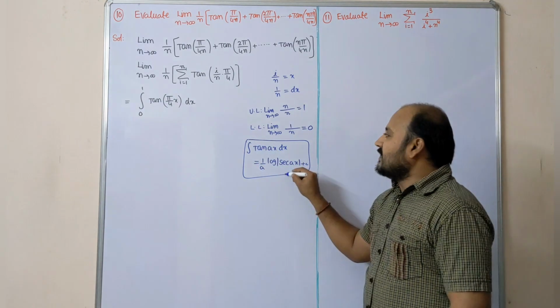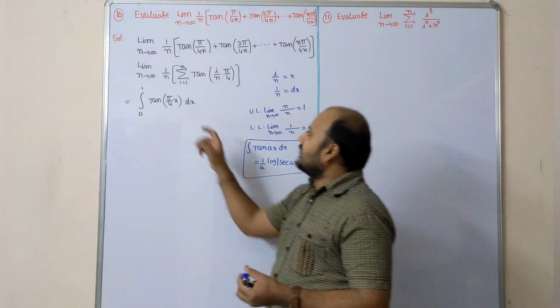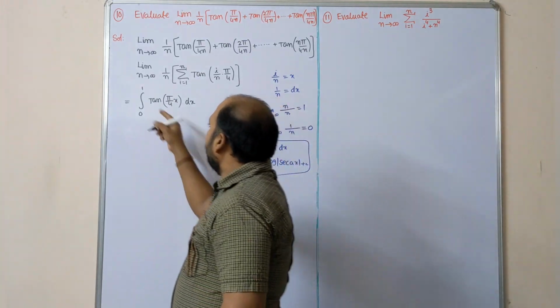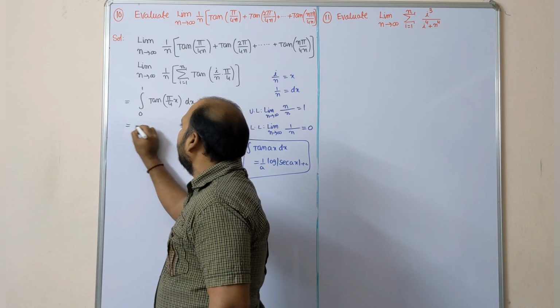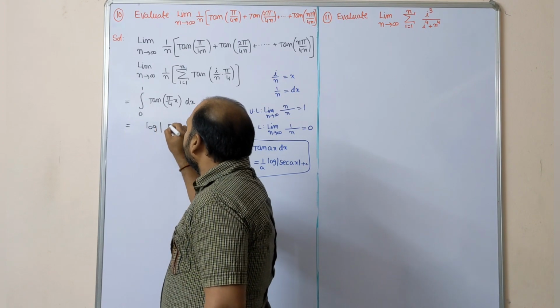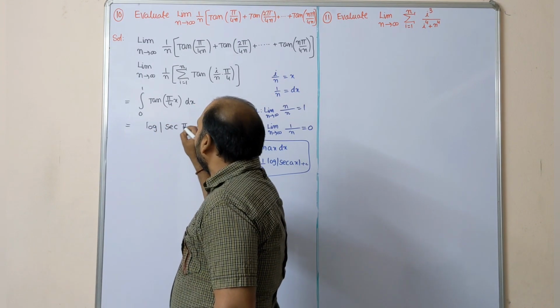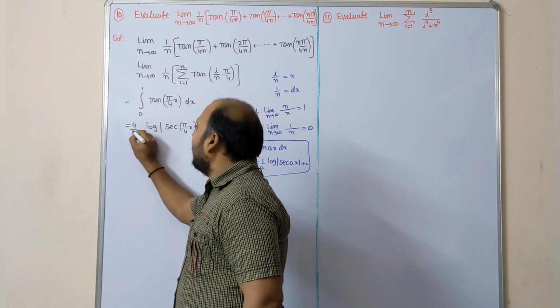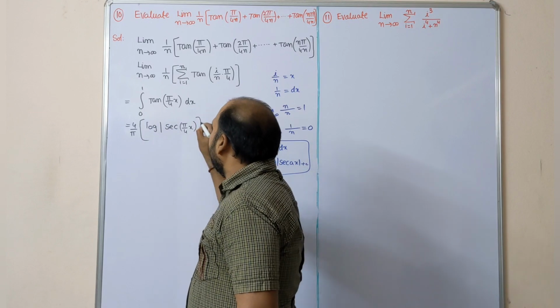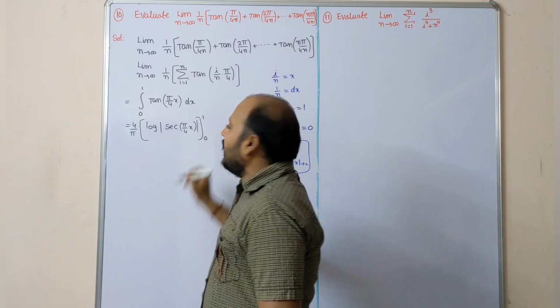Whatever x coefficient is there, that value. Here also the x coefficient is pi by 4. So integral 0 to 1 tan pi by 4 x. Integral tan x is log mod secant. So log mod secant of pi by 4 x by pi by 4. It will be 4 by pi. Applying the limits 0 to 1.